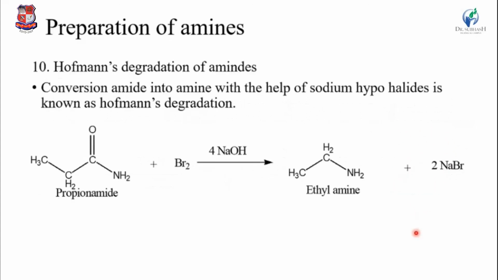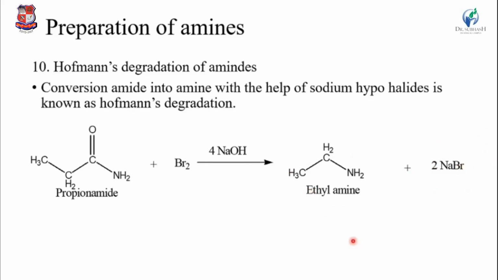Then the 10th one is the Hofmann degradation reaction, conversion of amide to amine with the help of sodium hypohalide. So here we take propionamide plus Br2, that is a halide, in the presence of 4NaOH, making ethyl amine, and 2NaBr are removed.